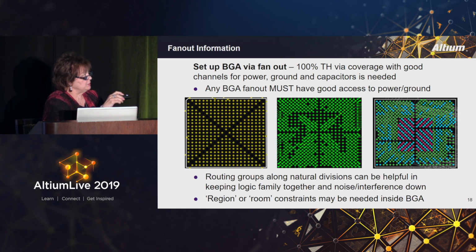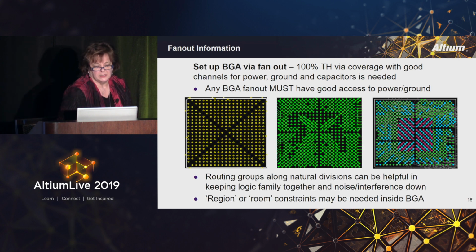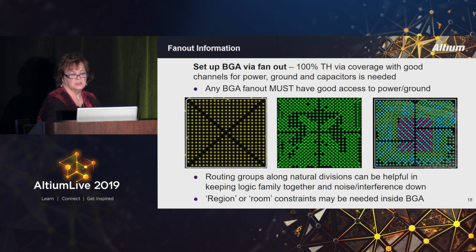So what I'm saying is, if you happen to have a bus in this area up here and it has nothing to do with the signals down here, you might want to make your break going into the center of that part at that particular natural divide, and then your power and grounds connections going to the center of that part would then go through that area as opposed to this kind of an area. And it also helps with routing because it keeps your signals together and it keeps them separated, because these signals will then be together from one another, and they will have more spacing from whatever's here.